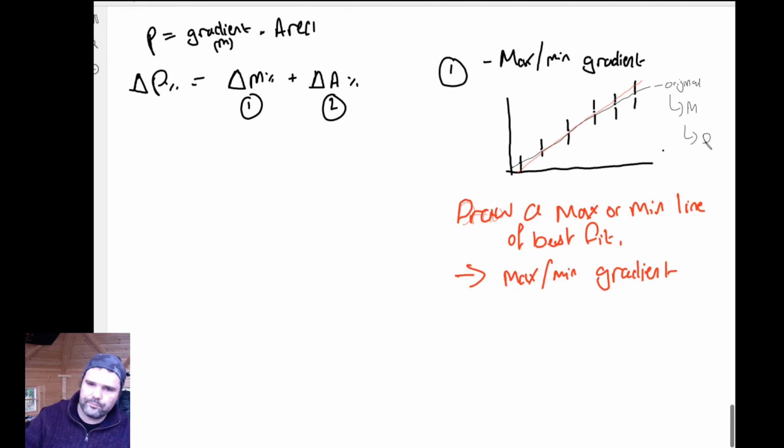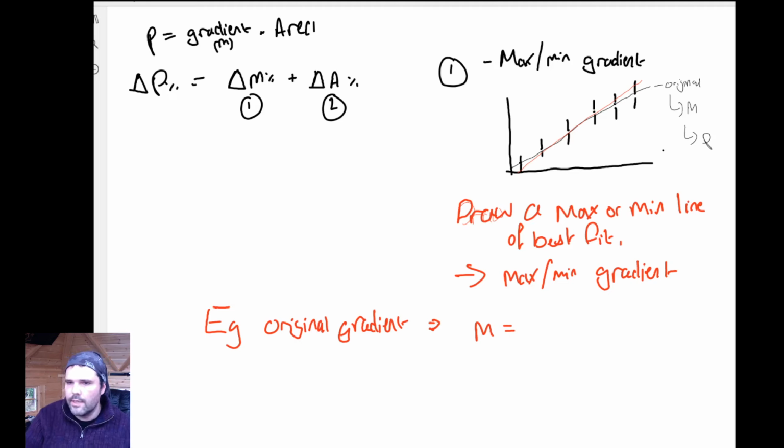So, for example, let's say the original gradient was, I'm just going to pick nice easy numbers, let's say the original gradient was 2. Let's say that the max gradient from my maximum line of best fit was 2.1.